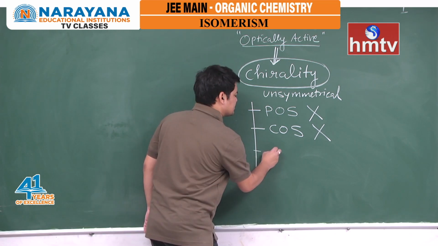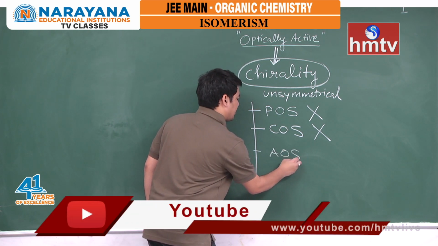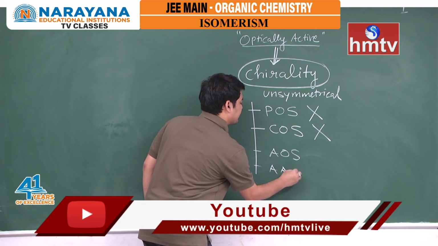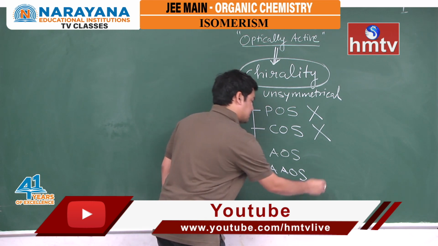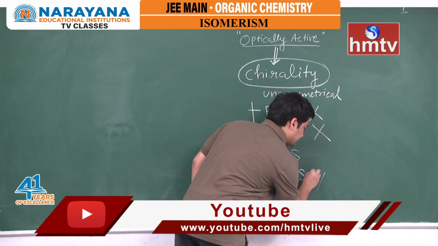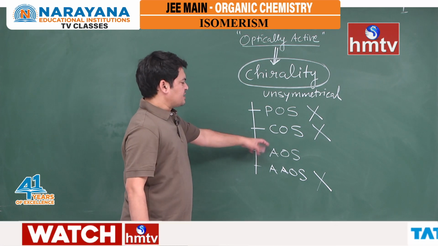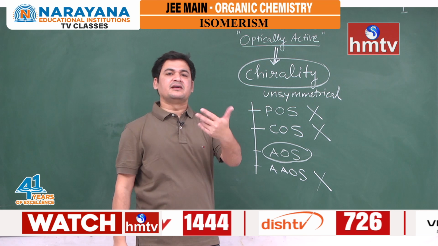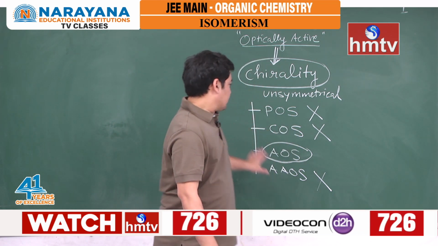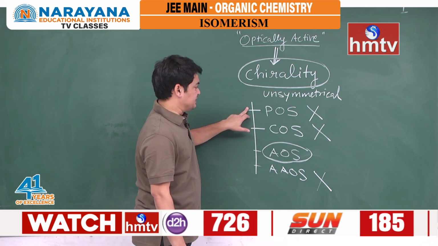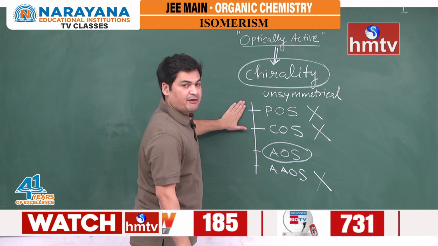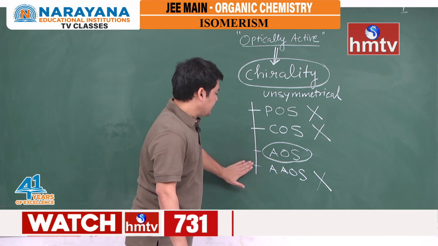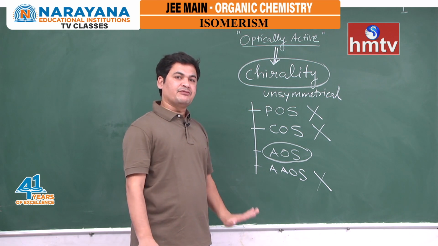Clear? Two more symmetries are there: axis of symmetry and alternate axis of symmetry. Alternate axis of symmetry should also not be there. Axis of symmetry does not make any sense; AOS has nothing to do with optical activity. Mainly there are three symmetries that the compound should not have: plane of symmetry, center of symmetry, and alternate axis of symmetry, right?